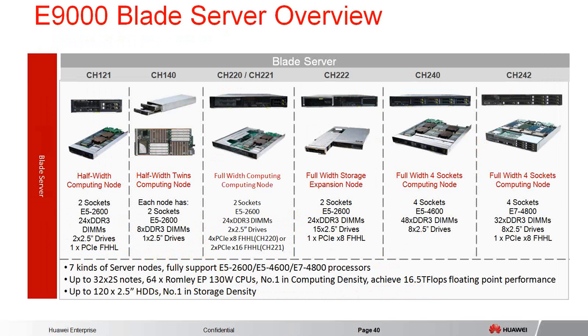There are 7 kinds of server nodes, fully supporting different processors, up to 32 2S nodes, 64 sockets, all with Sandy Bridge and Ivy Bridge CPU support, and up to 120 2.5-inch HDDs, number one in storage density. Nobody on a blade server will offer you that much storage.